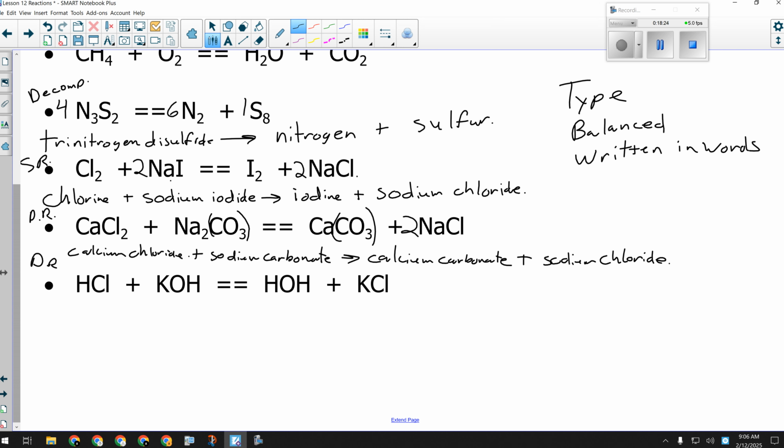All right, if we're writing this out in words, this stuff is hydrogen chloride. This stuff is potassium hydroxide. This stuff here is water.